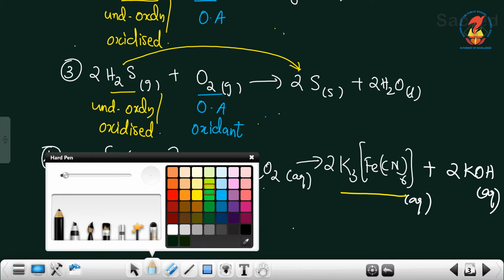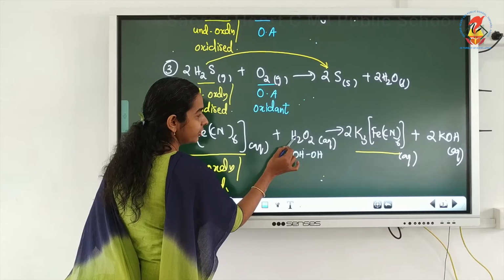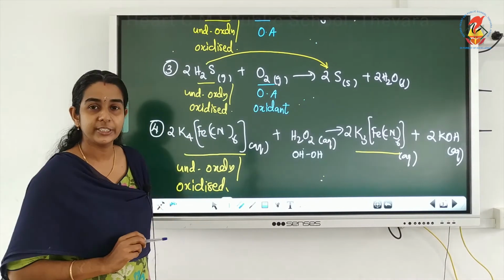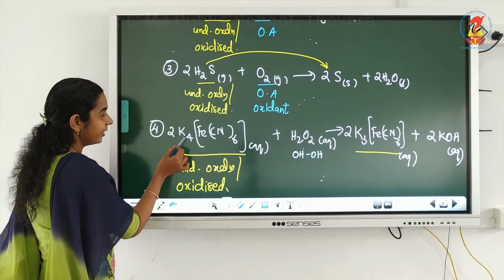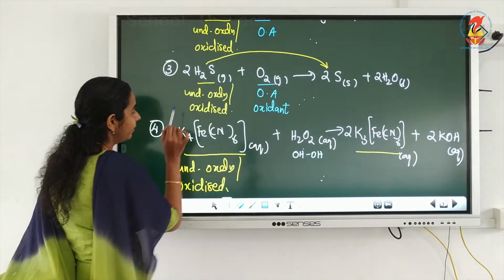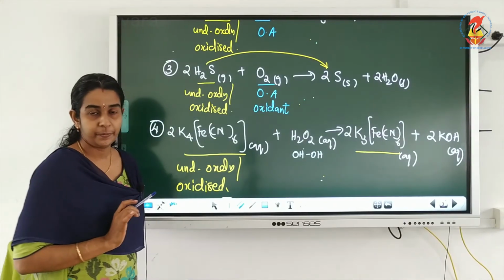In order to understand this equation, can we write H2O2 as OH, OH? Yes, OH, OH means 2 hydrogen, 2 oxygen, so H2O2. We can simply write it as OH, OH, isn't it? So it is combining with potassium here. This hydrogen peroxide takes potassium from here and becomes KOH.